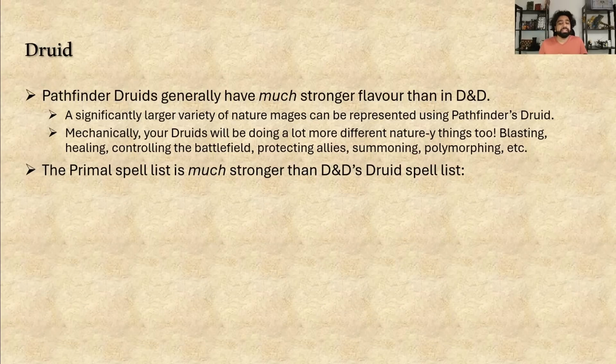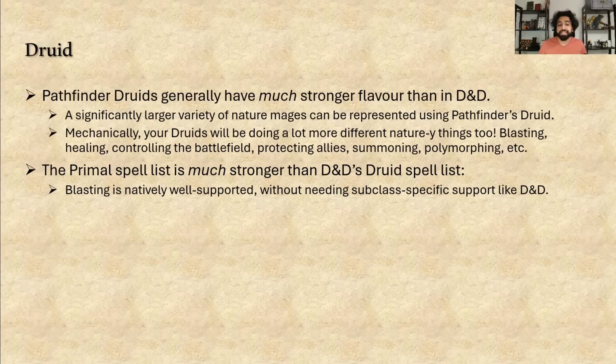One mechanical thing to note is that the primal spell list is way stronger than the D&D Druid spell list. First off, blasting is natively well supported. You don't need patches from your subclass to make blasting work. In D&D, Druids don't get Fireball, and they don't get a lot of the decent blasts. And that can suck because D&D, aside from a handful of the good blasting spells, doesn't really support blasting that much.